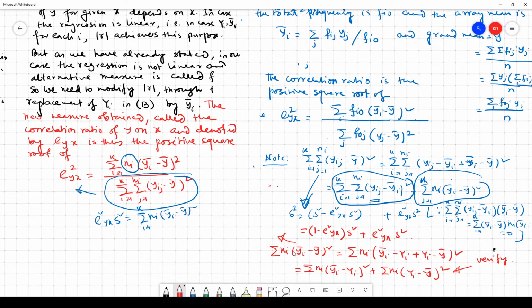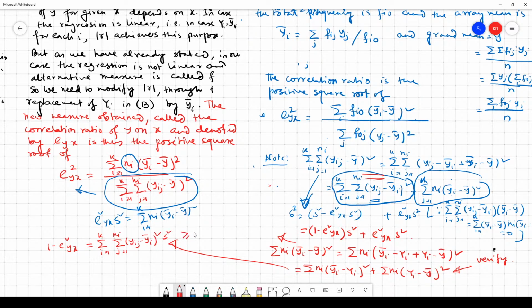So therefore, from this, one minus e square yx is equal to the sum over i from 1 to k, j from 1 to ni, of yij minus yi bar whole square into s square.